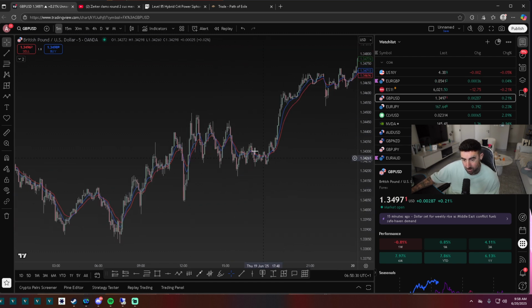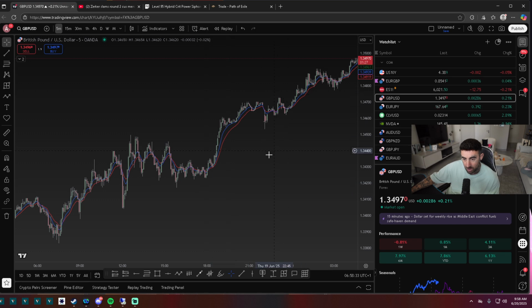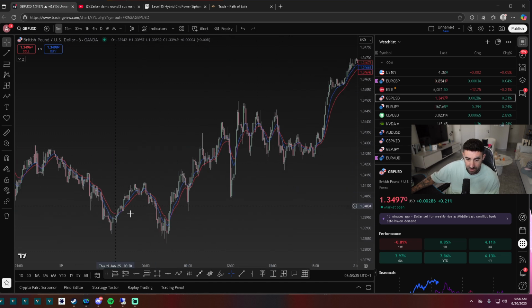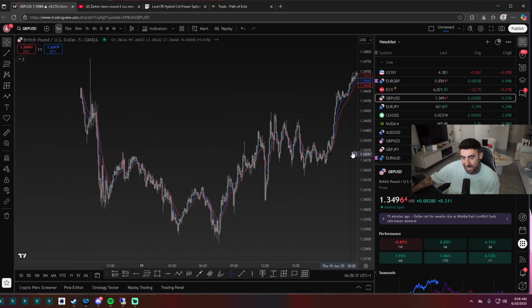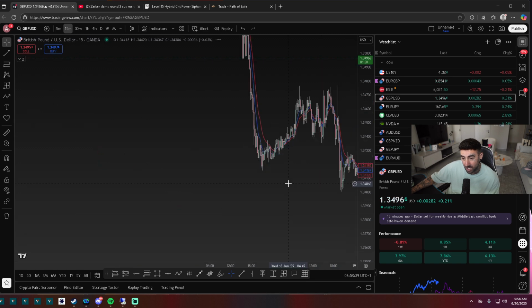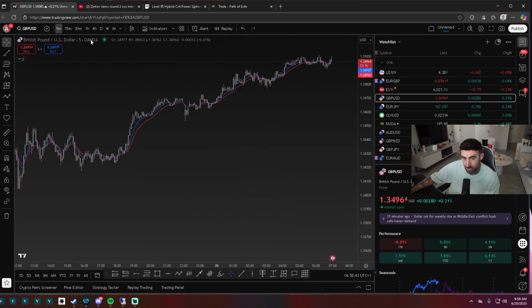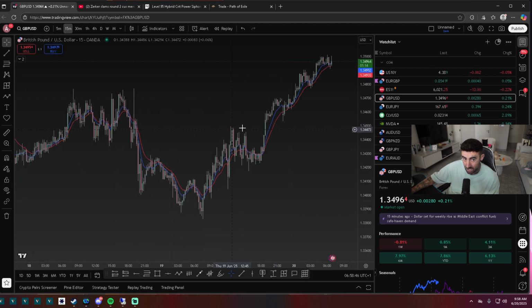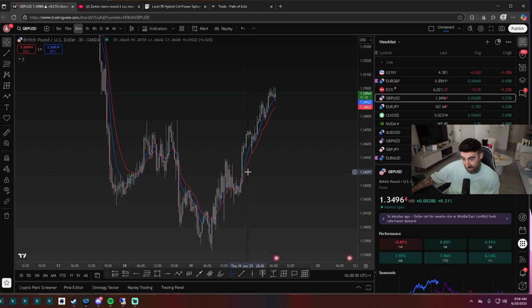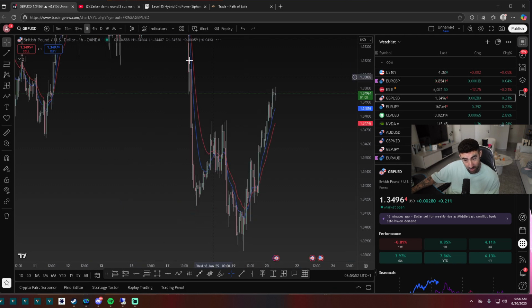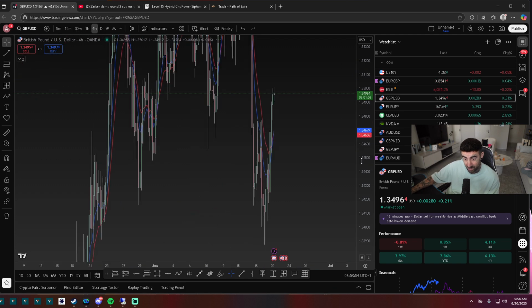All of this noise, small little uptrends, noise here, noise here. But what you've got to understand is all of this is building up a 15-minute candle. There are three 5-minute candles building a 15-minute candle, two 15-minute candles building a 30-minute candle, two 30s building a 1-hour, and four 1-hours building a 4-hour.